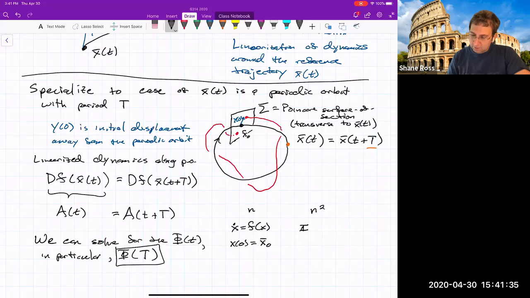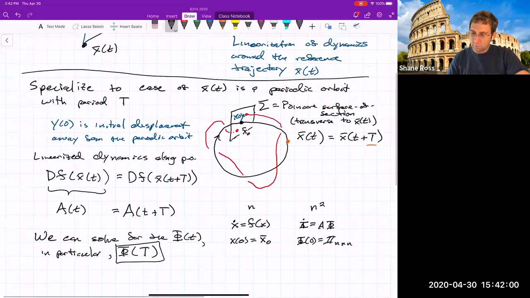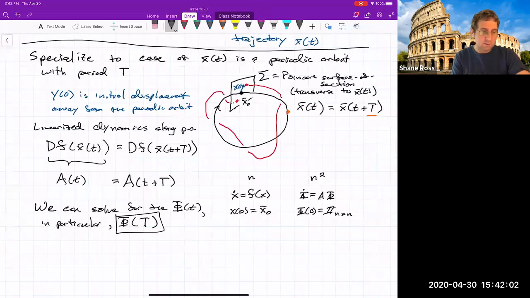And then the n squared ODEs we're solving are the ODEs for this n by n state transition matrix, which will be A times phi, with the initial condition that phi at time 0 is the n by n identity. Okay. So we solve those n plus n squared ODEs.